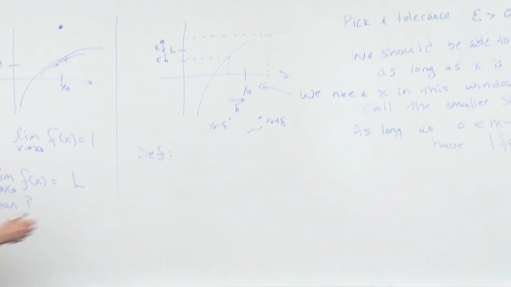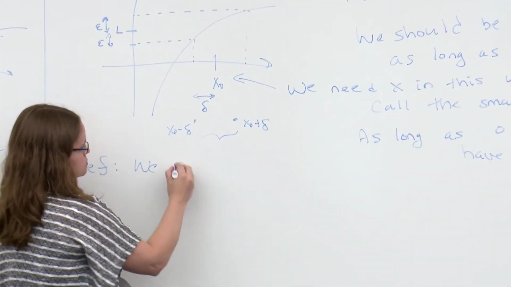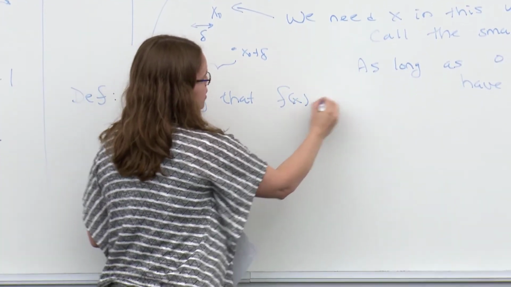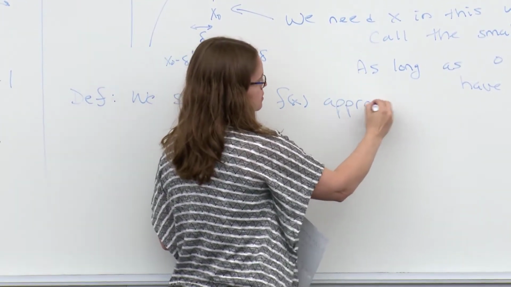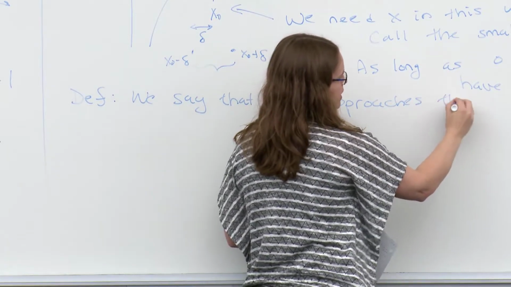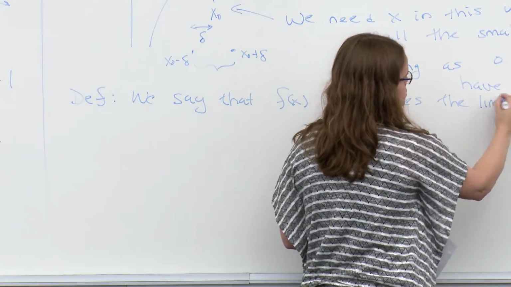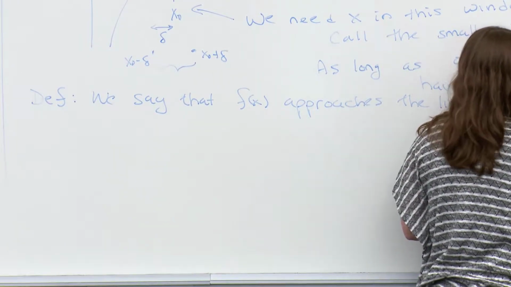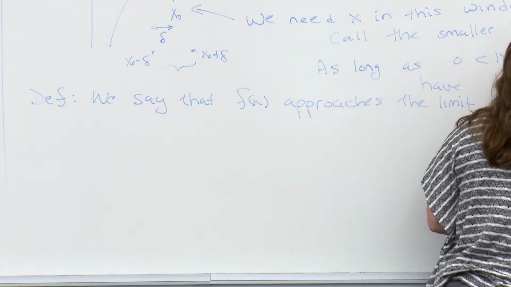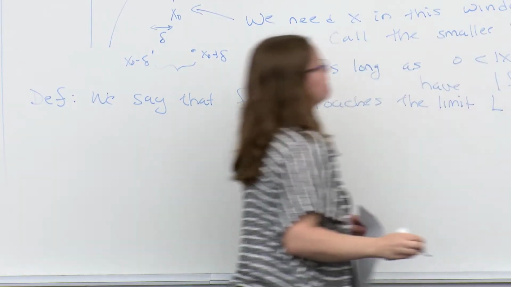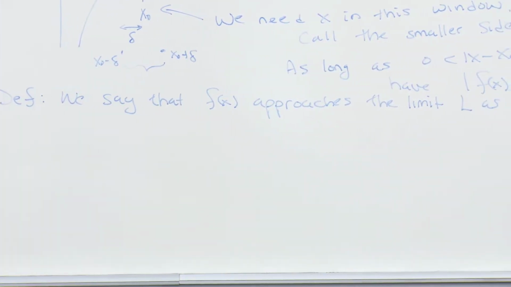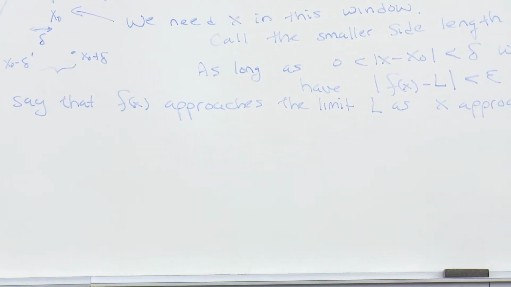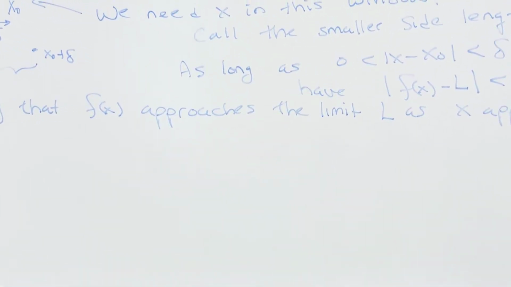All right, so we say that f of x approaches the limit L as x approaches x naught if, okay, and I'm just going to try to write down in words exactly what I just explained on the picture.